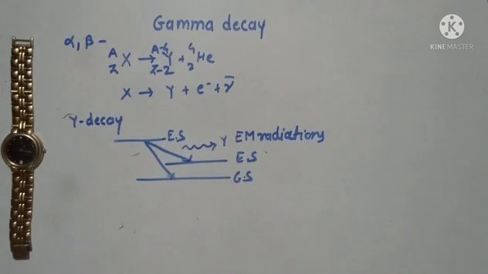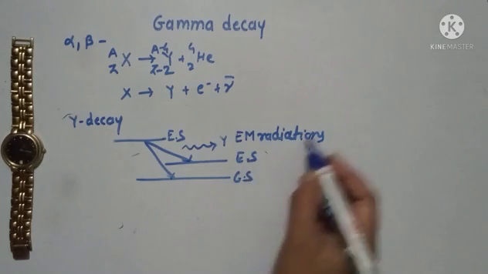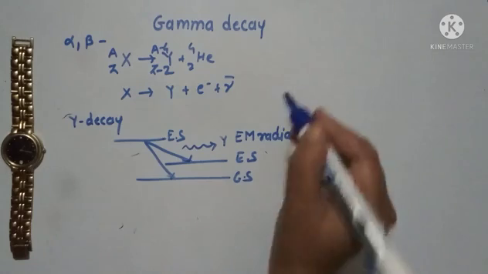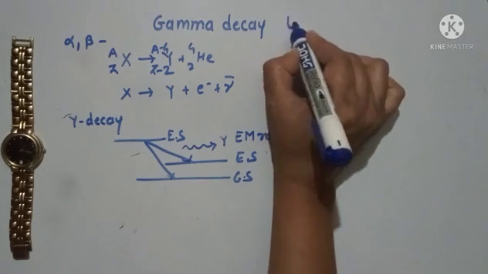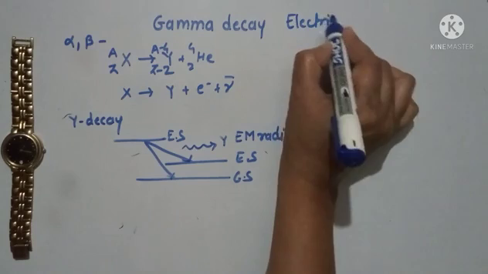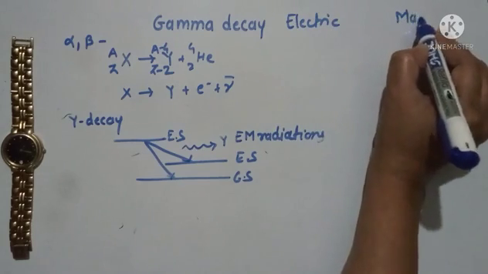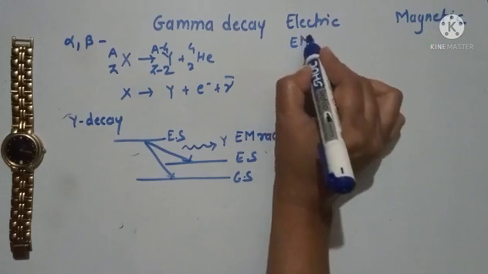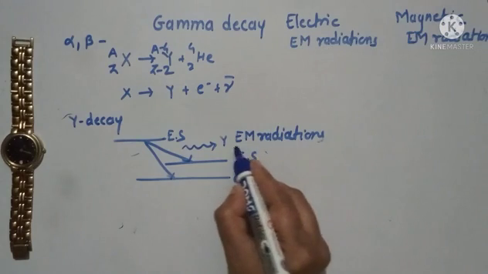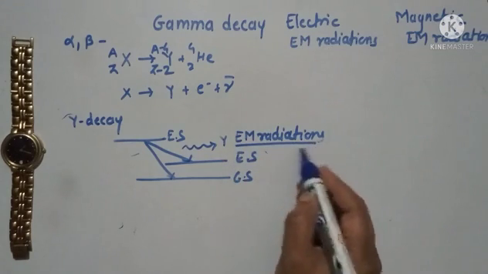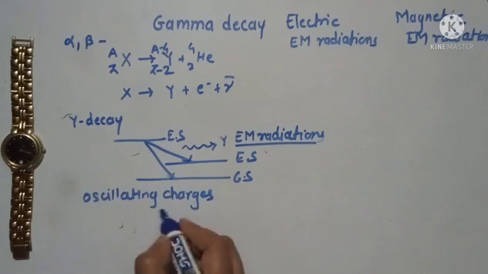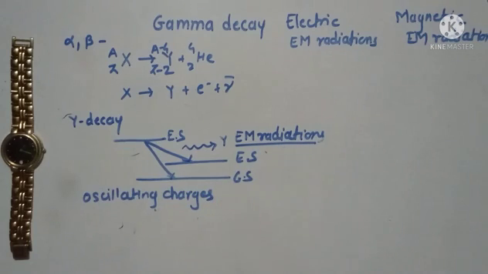These electromagnetic radiations are in the form of photons, and they can be classified into two types, electric and magnetic radiations. Now we know that electromagnetic radiations come from oscillating charges, so oscillating charges are the origin of the electromagnetic radiations.